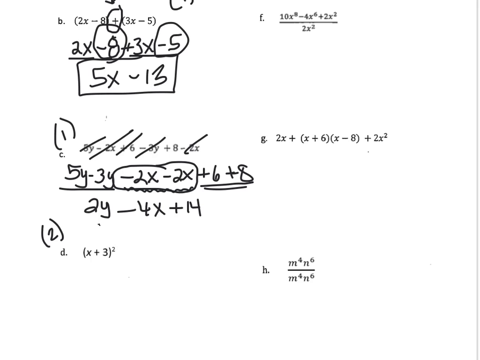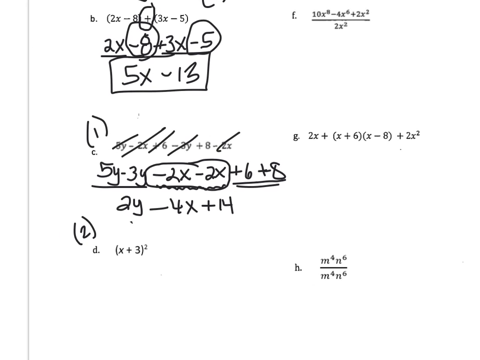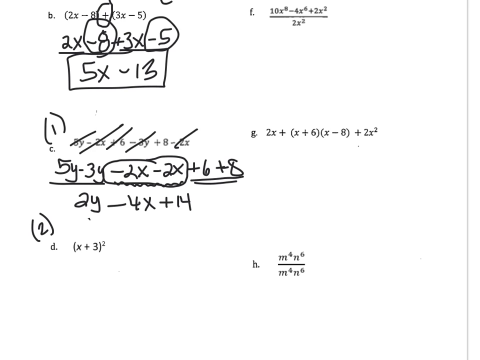We spent a whole class period a couple classes ago reviewing what it means to square something, because it doesn't mean just square the x and square the 3 and get x squared plus 9. That was incorrect. What it means to square something is it means take that something and multiply it by itself. X plus 3 times x plus 3.